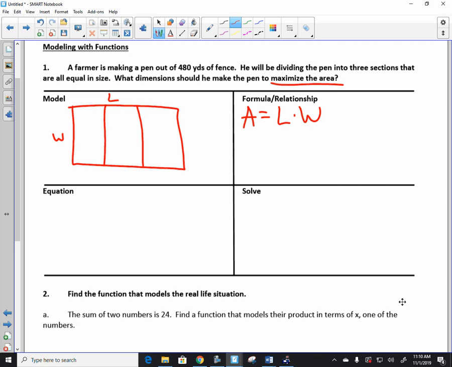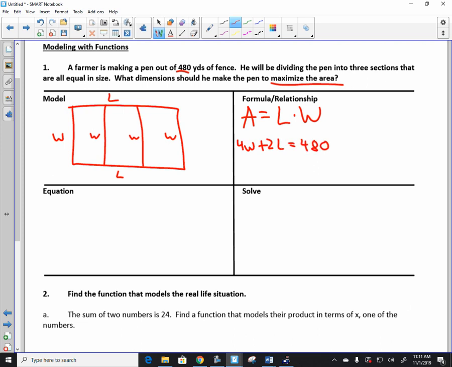This is the magic. Close. Good try. Use something else in the problem. 4W plus 2L is equal to 480.